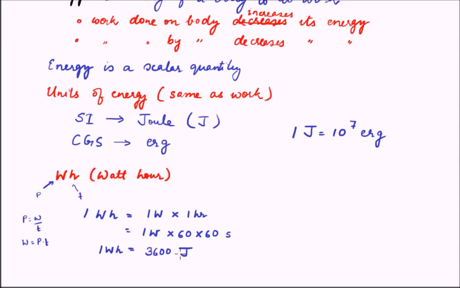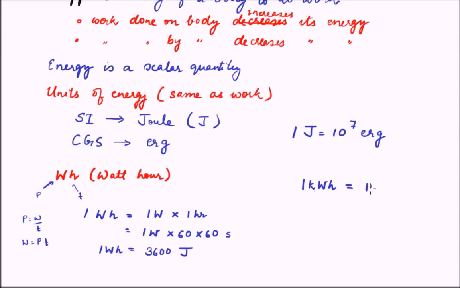Now the higher unit, as I said, which is used for the electricity bills, is not watt hour, rather it is 1 kilowatt hour. And we already know what 1 watt hour is. So 1 kilowatt hour will be 1 kilo times a watt hour.